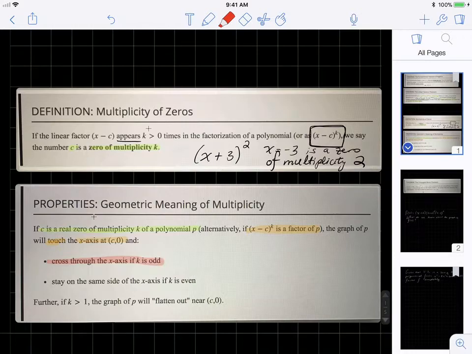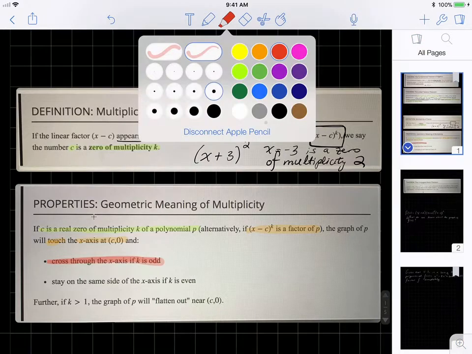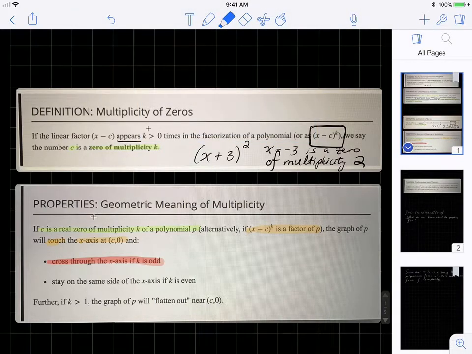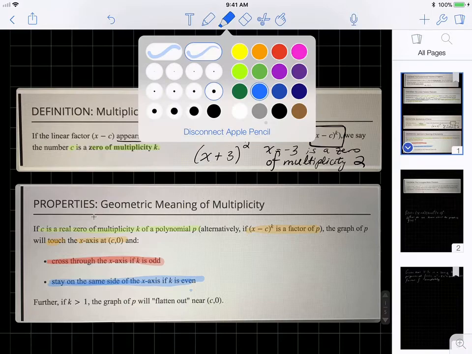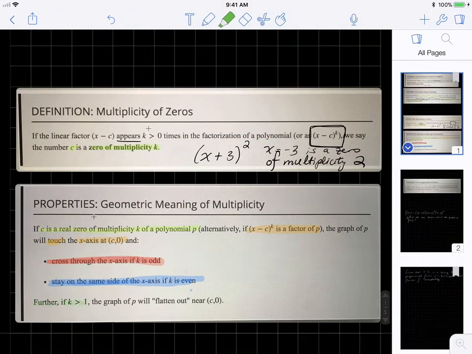So if the multiplicity is 3, 5, 7, so forth, or 1, then it's going to cross through the x-axis. And if k is even, then it's going to stay on the same side of the axis, like it's going to touch or bounce, however you want to call it. Furthermore, if k is greater than 1, then the graph of p will flatten out.